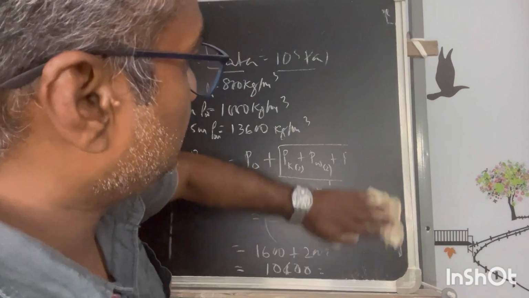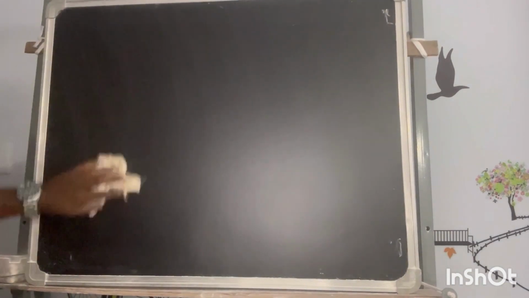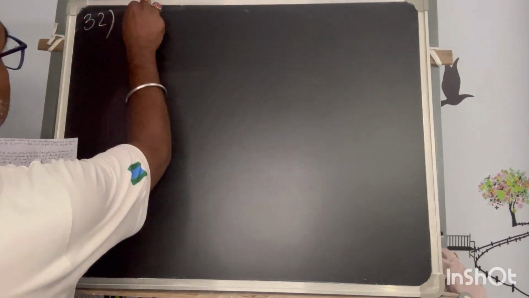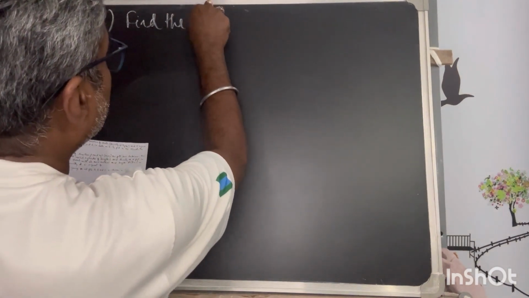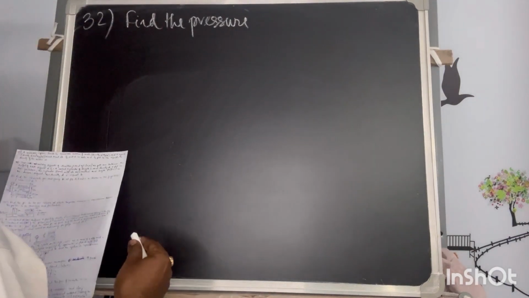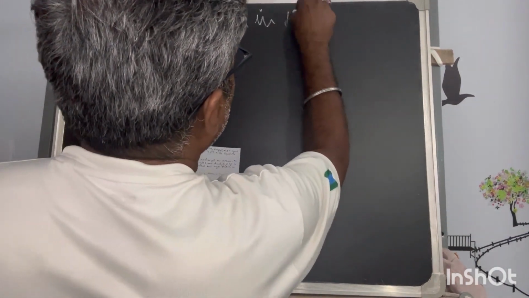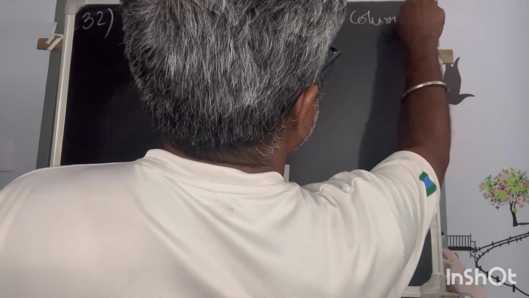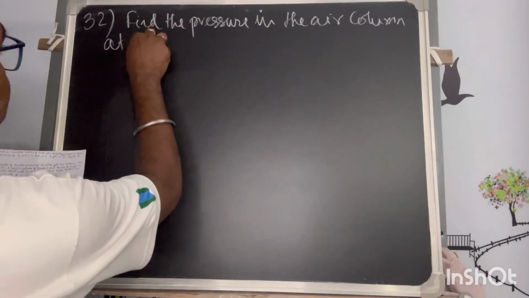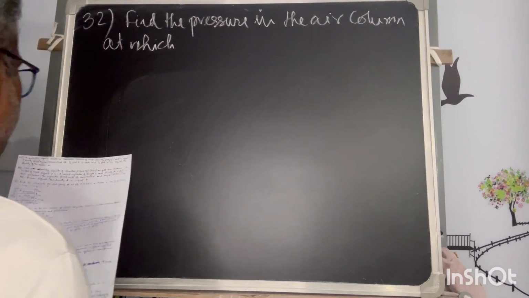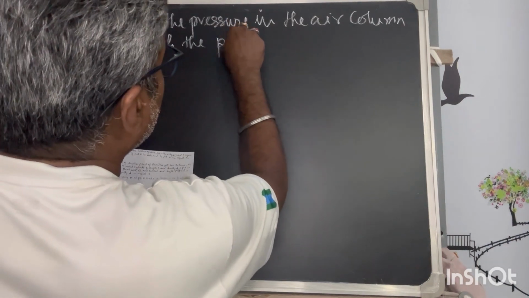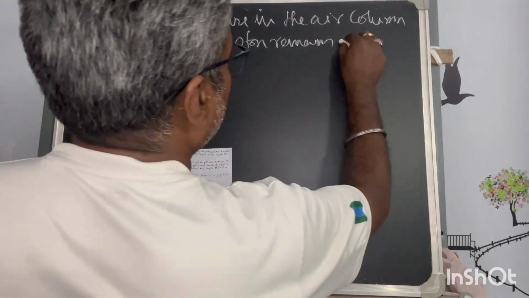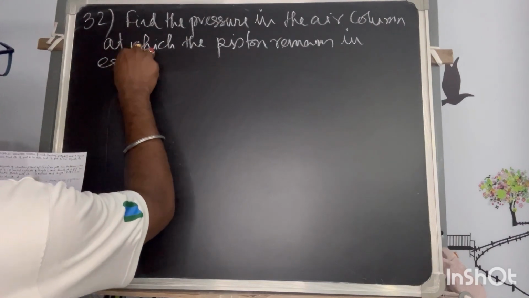I'll move on to problem number 32. Problem 32 says, find the pressure in the air column at which the piston remains in equilibrium.